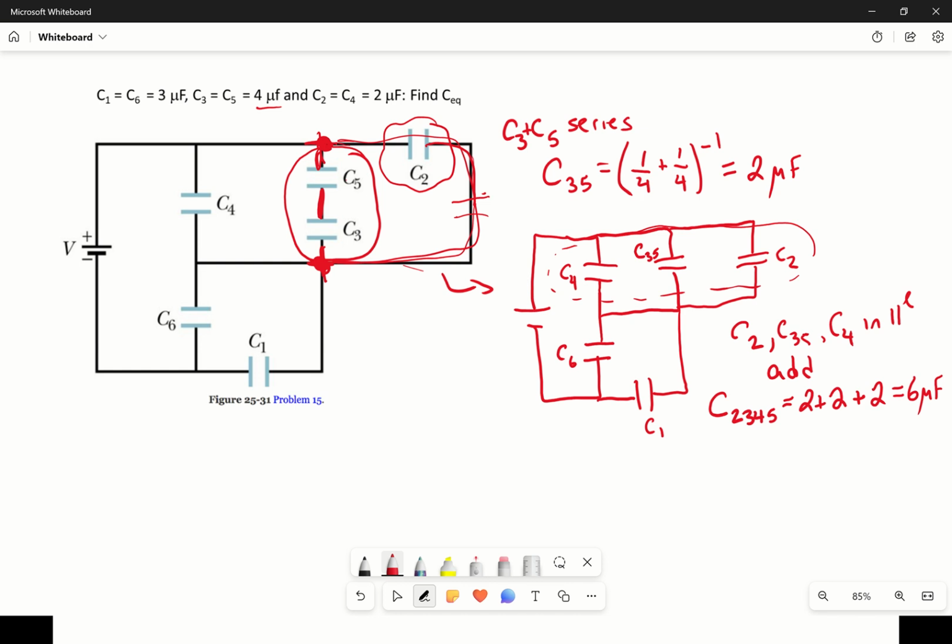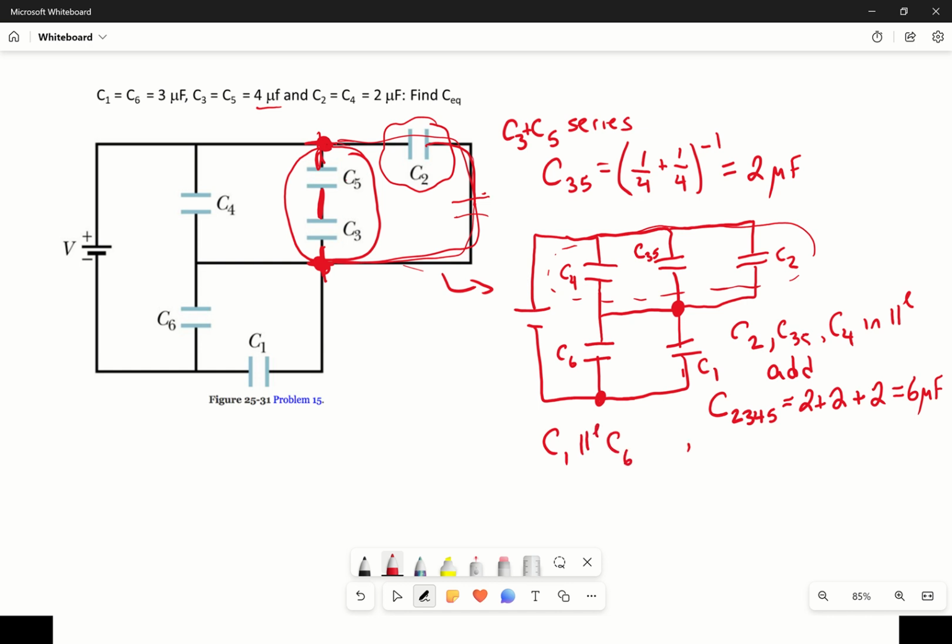Okay. While I'm here, I'm also going to look at C1 and C6. So C1, again, there's these two places where that capacitor can't move past, but I can slide it like a bead on a wire anywhere. So if I slide it up to here, you can see quite obviously that C1 is in parallel with C6.